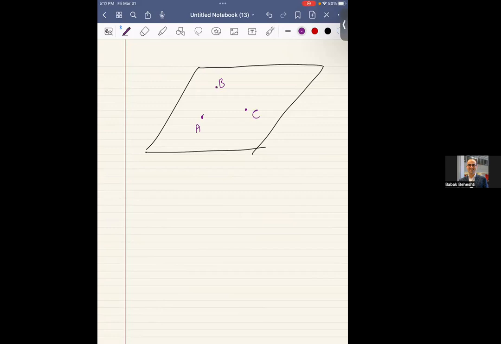By the way, if someone gives you three points, you can write the equation of a plane, provided the three points are not on one line. You can find a plane that passes through these three points. The two directions of this plane are just AB and AC.